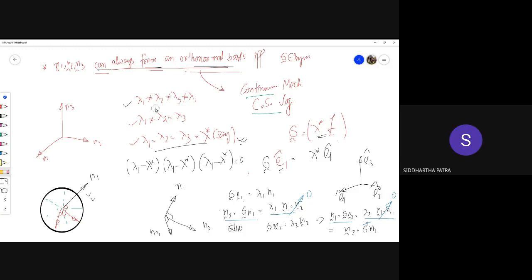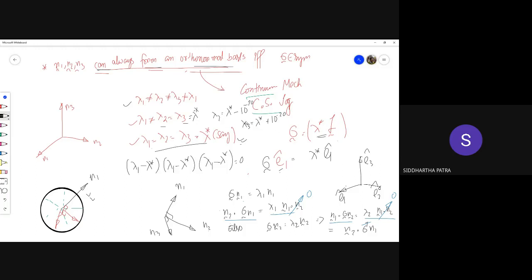And actually, three eigenvalues being different from one another is the general case. And if you can show this proof, the others also work. The point is that even if they are really the same, I can think of lambda 2 as, let's say, lambda star minus 10 to the power minus 20, and lambda 3 as lambda star plus 10 to the power minus 20, which basically means that lambda 1, lambda 2, and lambda 3 are not the same.